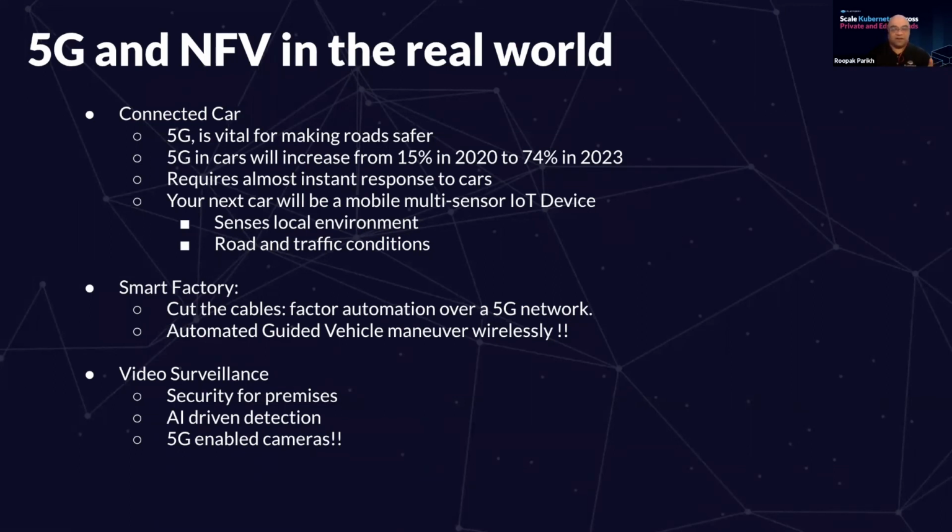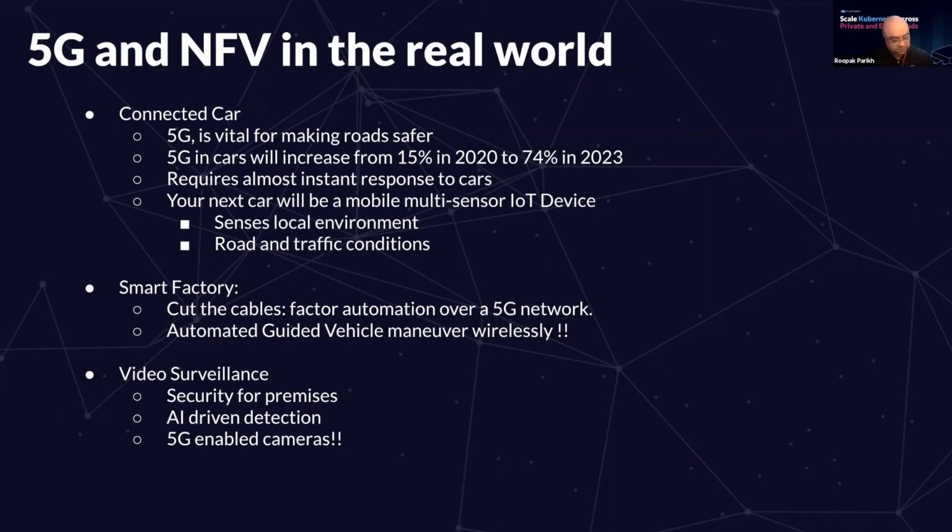And obviously you cannot have wires hanging around them, and they're making some decisions. So they will be connecting to 5G. And if this all looks fancy and futuristic, it's not actually. There are companies who are already trying it. Now, some of this is not in production, but there are companies who are trying it, and people are moving towards that.